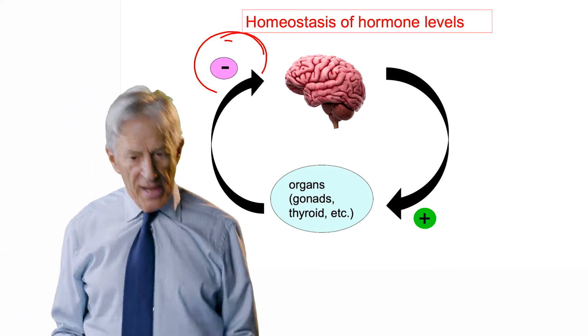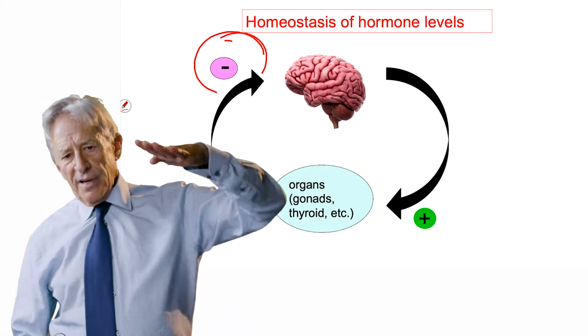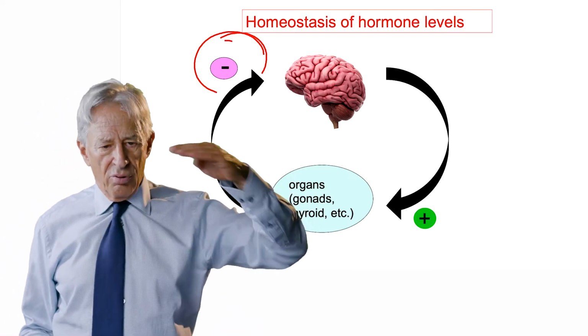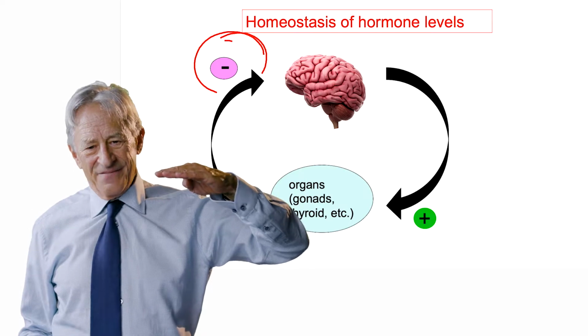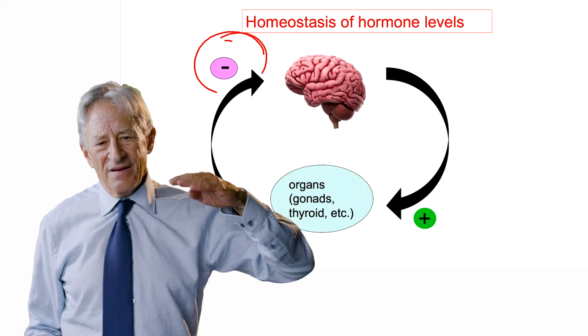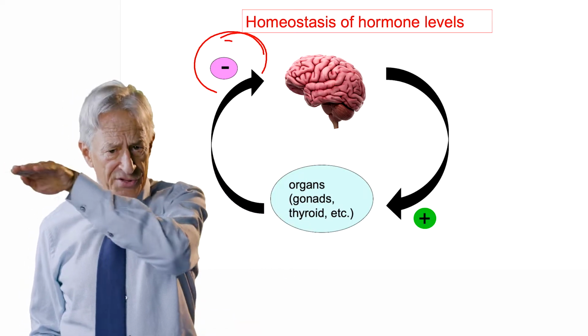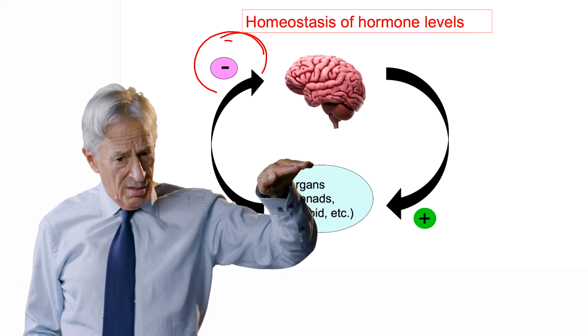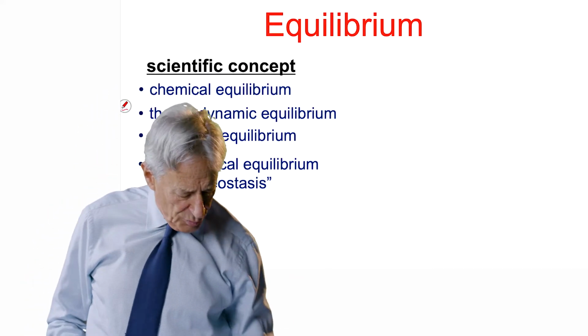So there we go again. Equilibrium levels of important quantities, physiologically important quantities, are maintained at a steady state level by negative feedback loops.